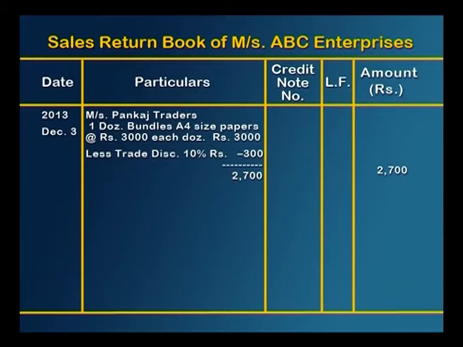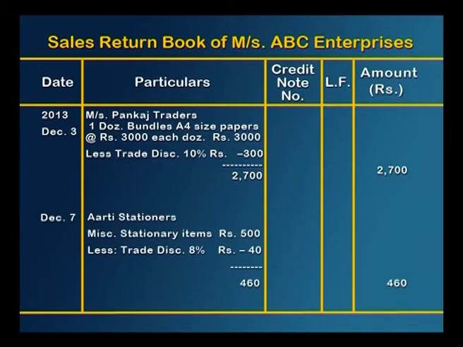There is 1 dozen bundles of A4 size papers which were sold to them at the rate of 3000 each dozen. There was a trade discount of 300. So, we have reduced this 3000 for 10% of trade discount, that is 300, and a net amount of 2700 is shown in the amount column.